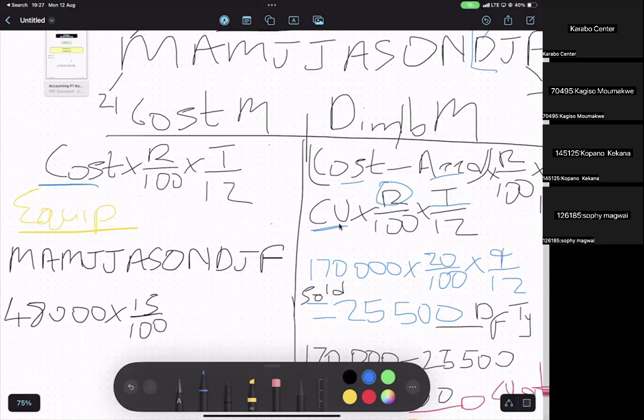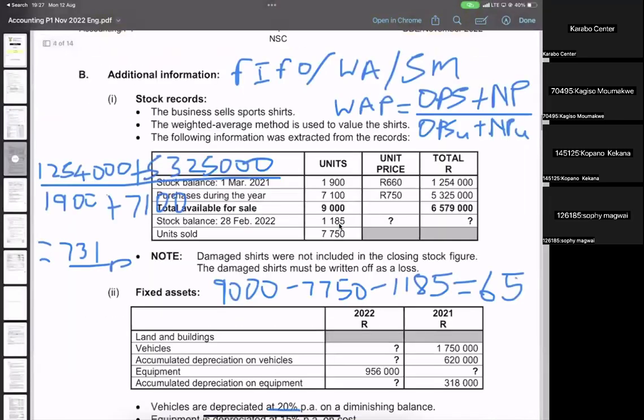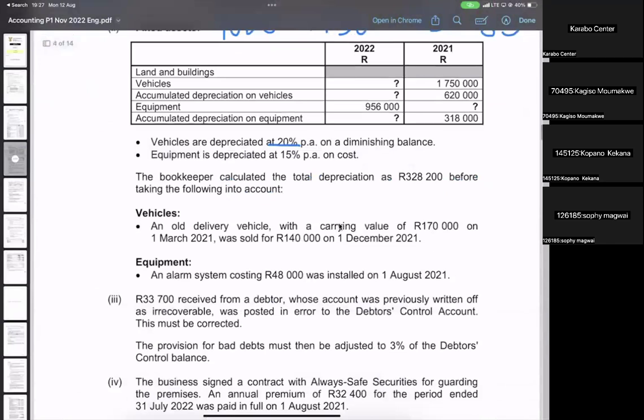So you see, guys, your cost is given, your rate is given. So we have to calculate how long it stayed, and account for depreciation for that period. It says it was bought on 1 August 2021.